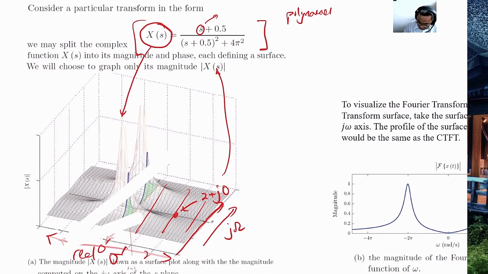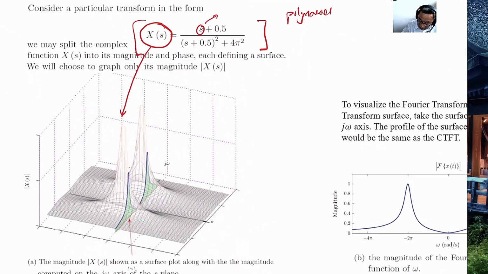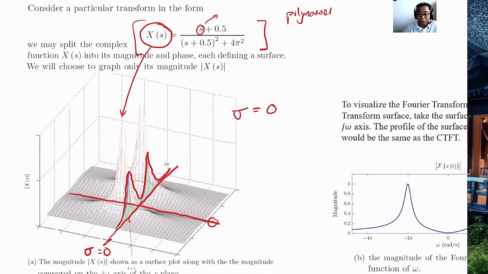Once we have this, we are interested to find out when sigma is equal to 0. So this line is sigma, and when sigma is 0, we are interested in the surface that is being cut here, and we got this surface. This surface is very interesting because it is formed when sigma is equal to 0.